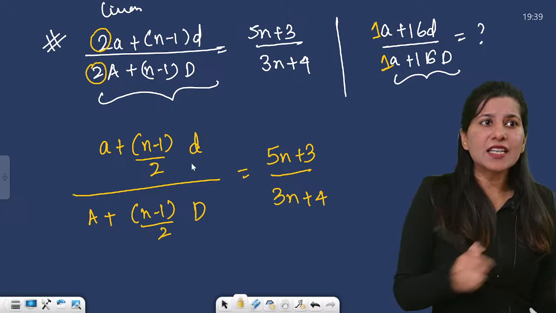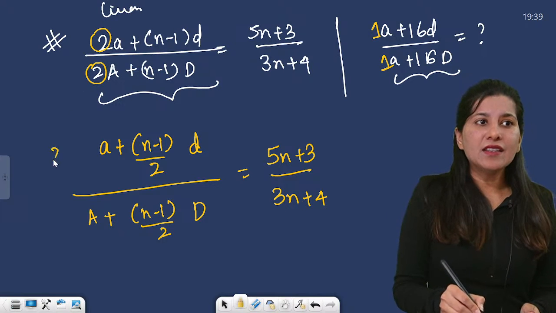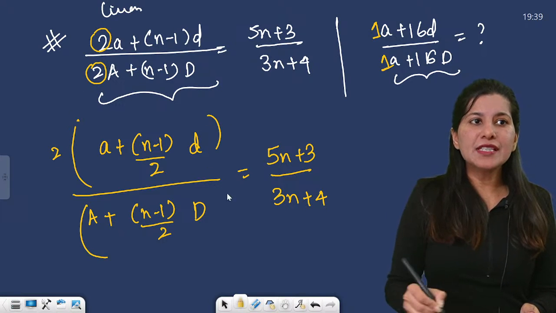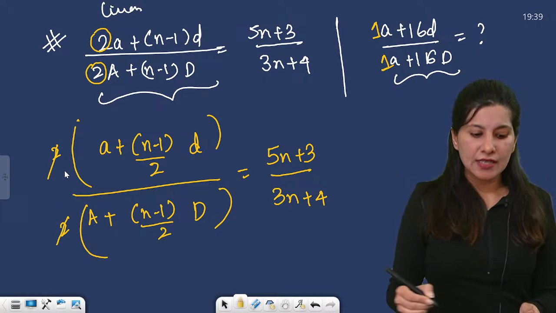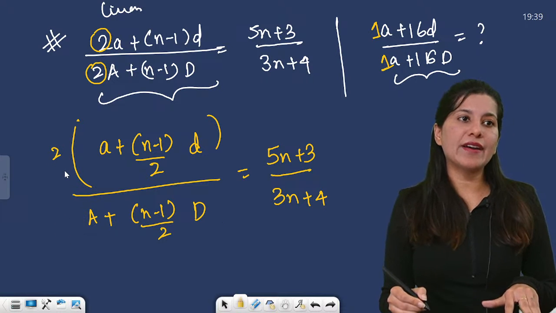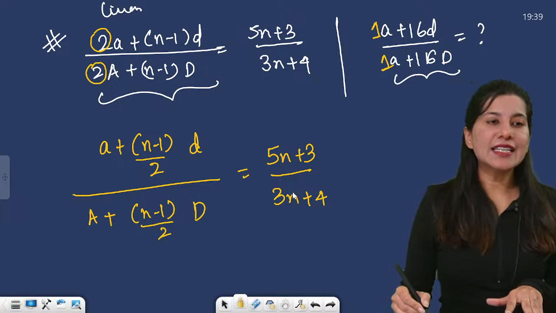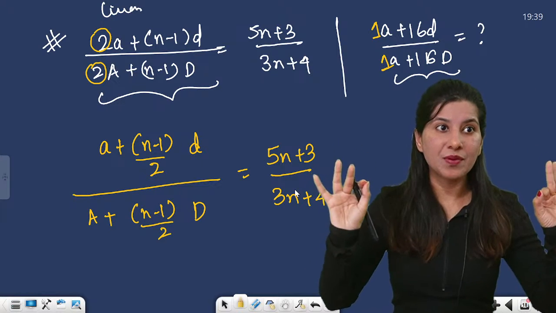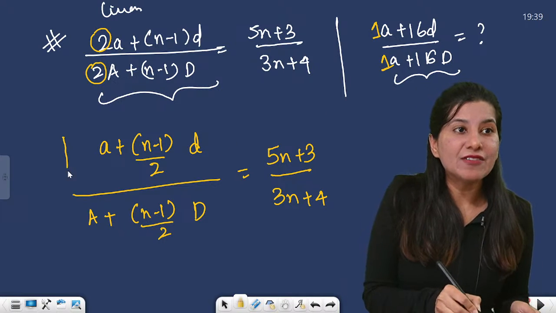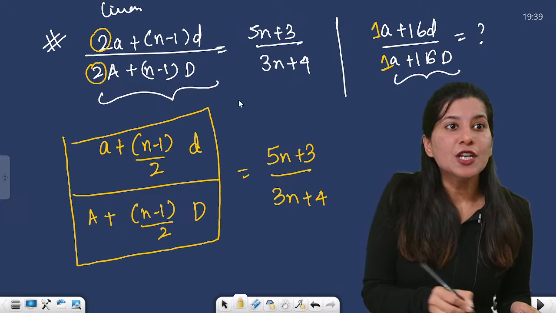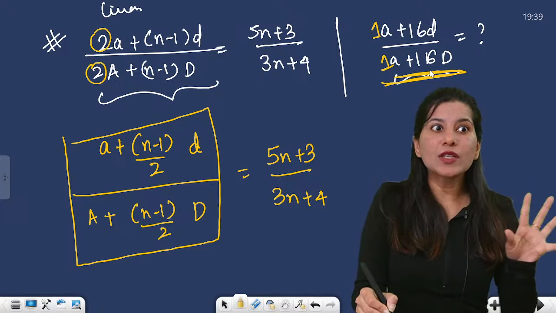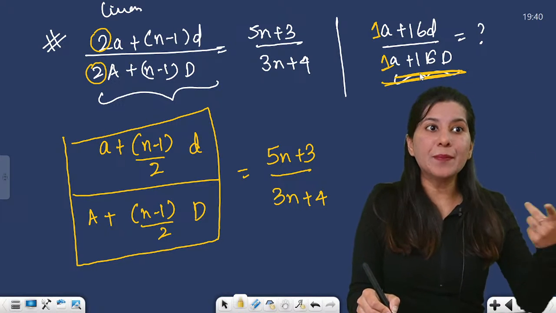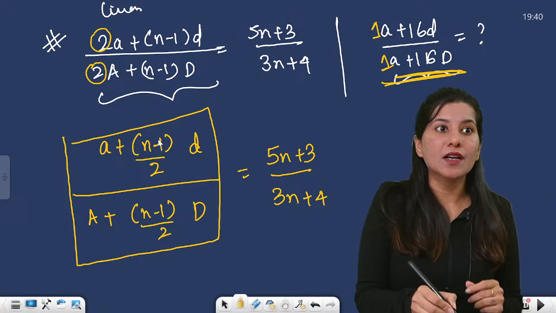I have just taken 2 common, and the moment I take 2 common, obviously the 2 will get cancelled out. Till now everything is clear. Now is the very important step, that I want the left hand side of this expression to look like this. How will it happen? How to do it?